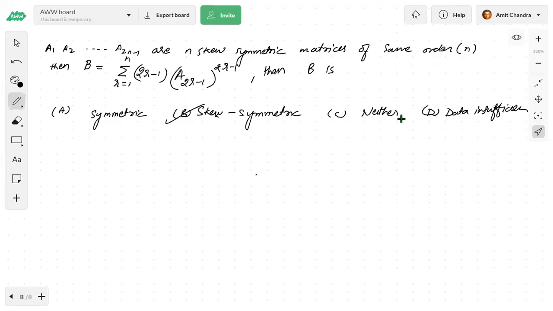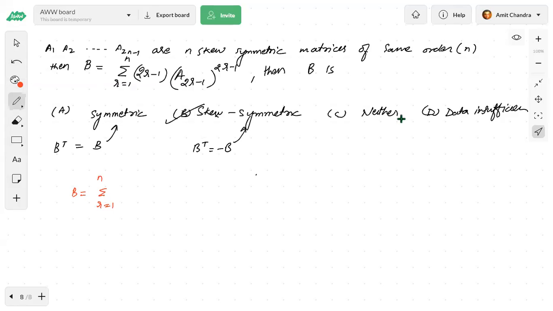So for symmetric and skew symmetric, we just have to check that B transpose is equal to B for symmetric, and B transpose is equal to minus B for skew symmetric. So we can take the transpose of this. B is the sum from r equals 1 to n.